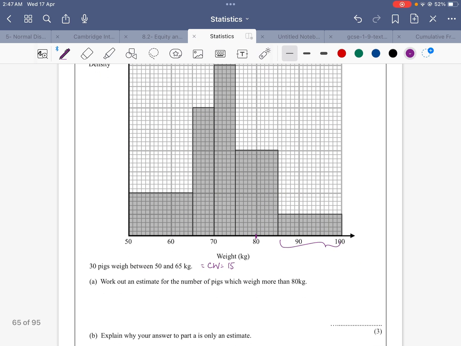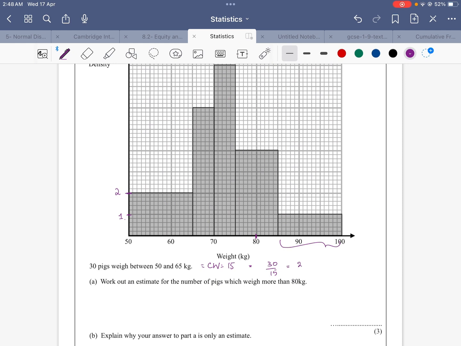Now, what do we do? First we find out what 1 square or 10 boxes is equal to. Let's put the formula for frequency density first. Frequency density is equal to frequency 30 upon class width 15, which is equal to 2. This is 2, which means this is equal to 1, right?